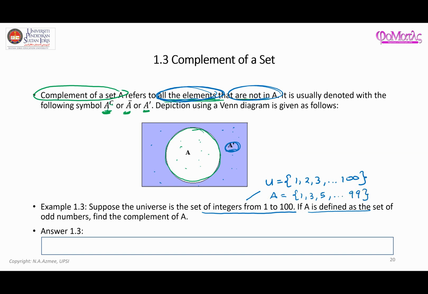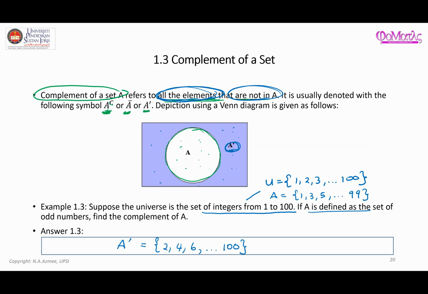So what is the complement of A? The complement of A are the elements that are not in A. So we can think of the complement of A as A prime, and A prime are the elements that are not in A. So it will be 2, 4, 6, and it continues in this pattern until 100.